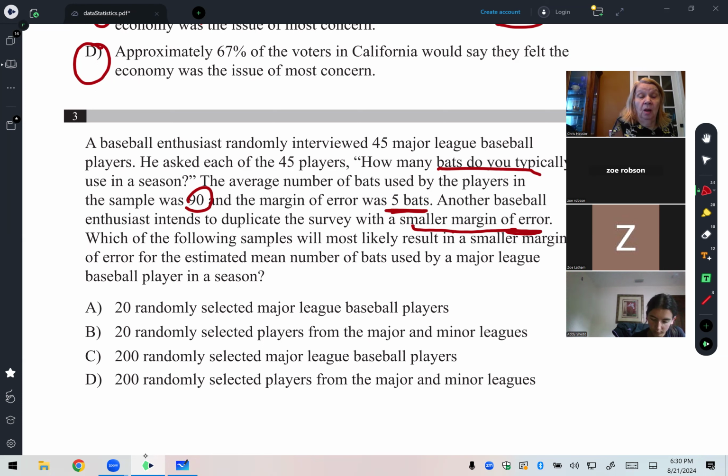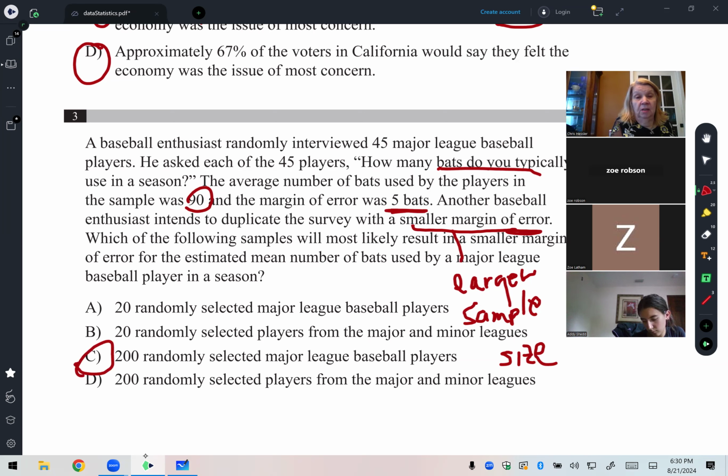So to get a smaller margin of error, we need a larger sample size. And we have to stay with the major league, so we're going to go for C for that one. That's probably good for all of you.